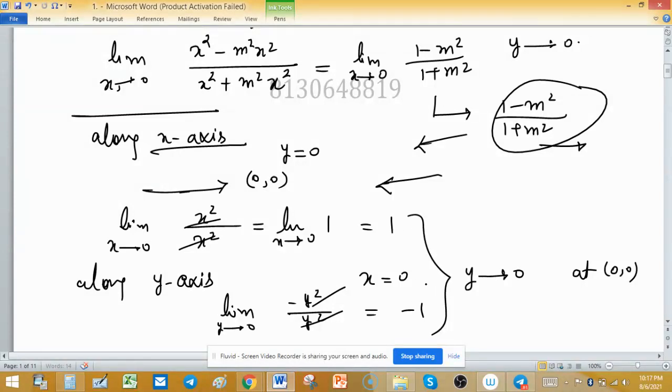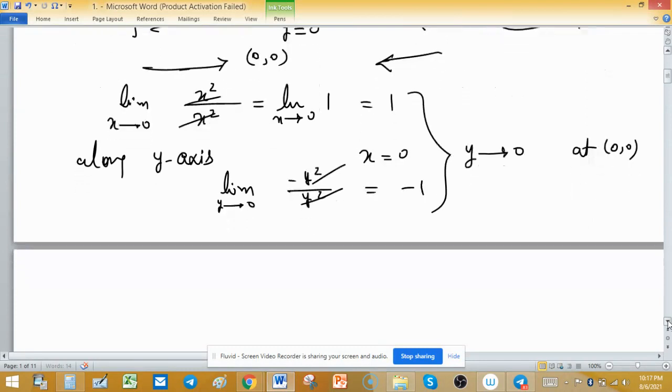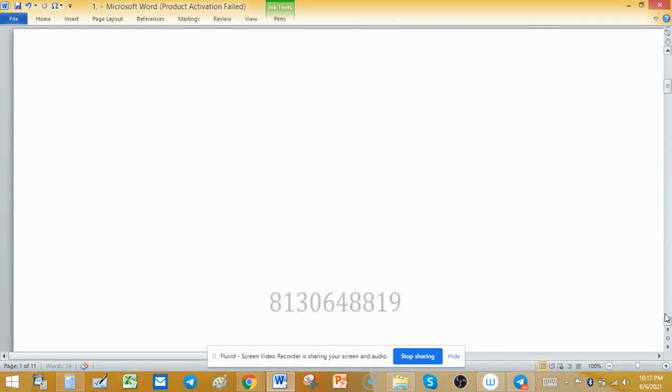You can see here 1 and minus 1 are different, so the limit of this function does not exist at (0,0). So we discussed two ways here to check that the limit of the function does not exist.